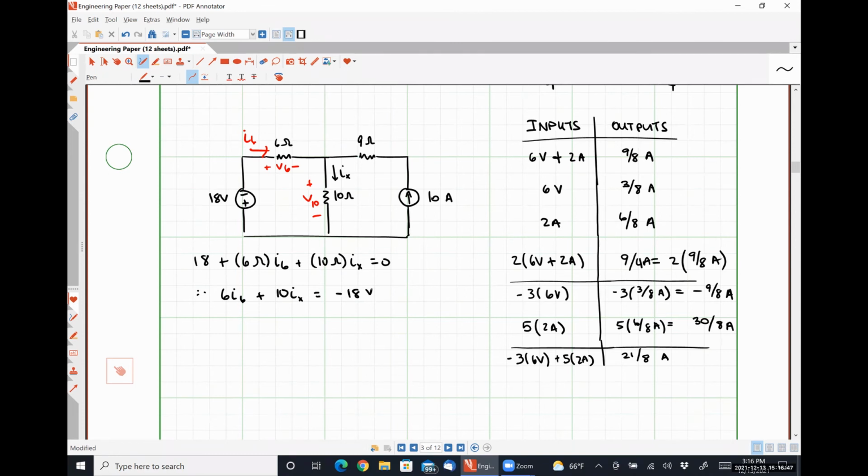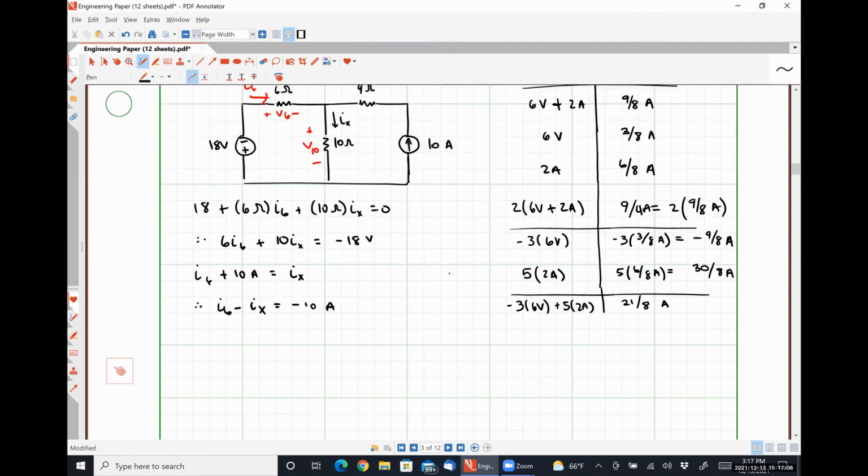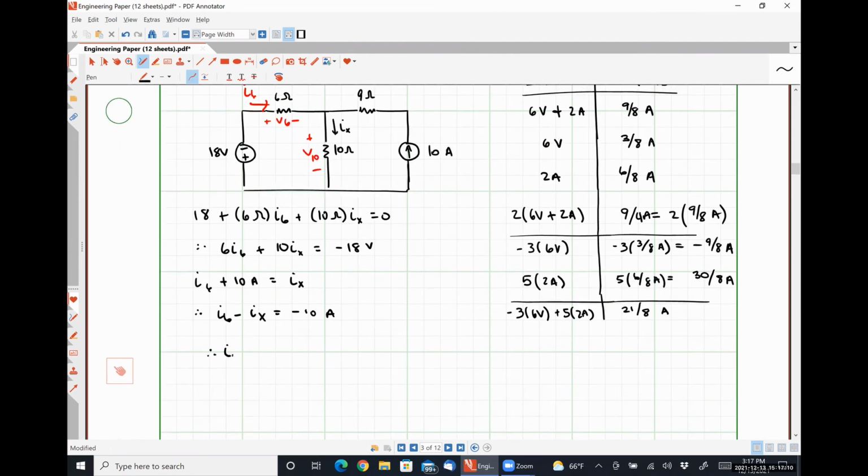When I apply Kirchhoff's current law, I get I6 plus 10 amps is equal to IX, which I can rearrange and find I6 minus IX is equal to negative 10 amps. And solving this system, I will get values for I6 and IX.